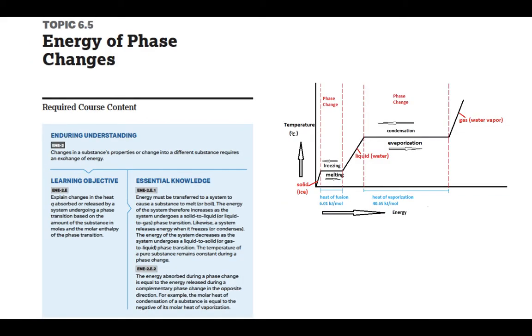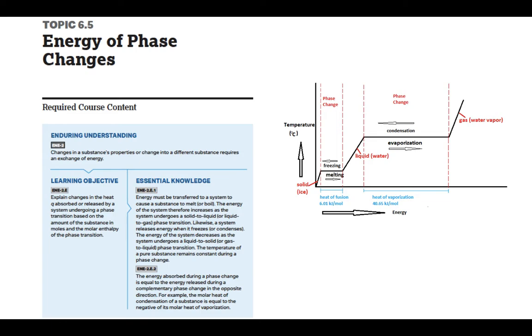Phase changes and energy of phase changes. There are two parts of this graph. There are the parts where the slope is equal to 0, and then there are the parts that have a positive slope for this heating curve. If we were talking about a cooling curve, there would be parts with a slope equal to 0 and a negative slope. So in the areas where there's a positive slope, this is where we have a change in temperature, and we would have Q equals C sub P times mass times change in temperature.